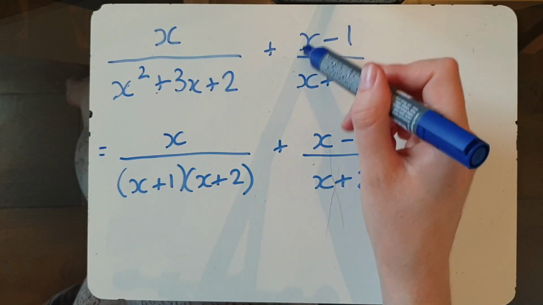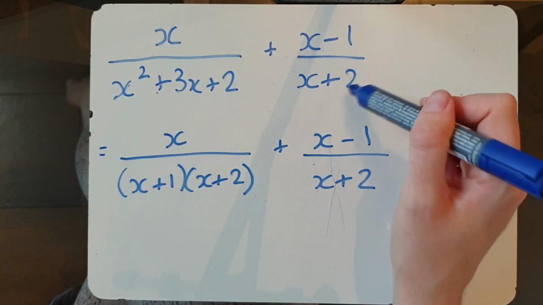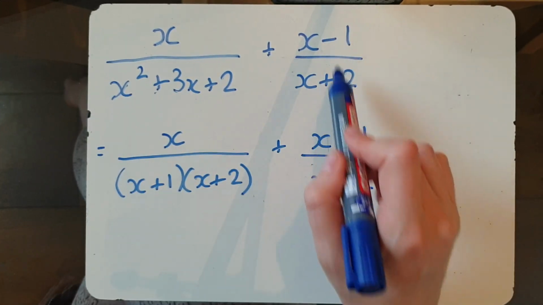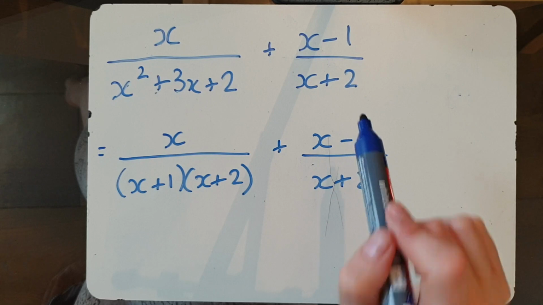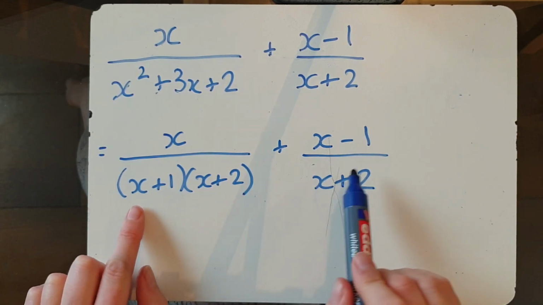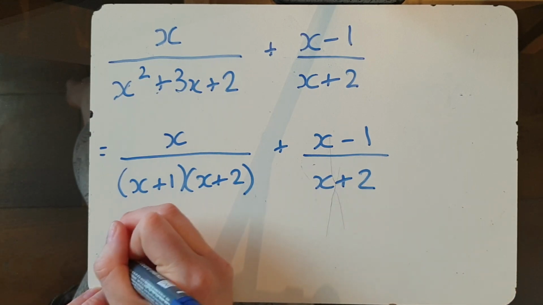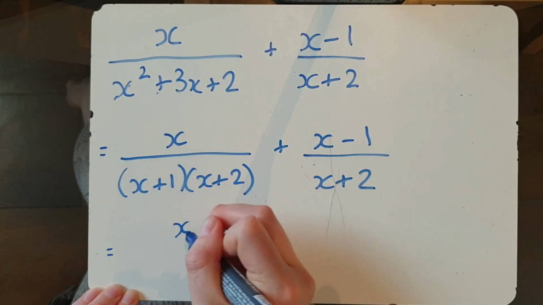So instead of multiplying this fraction's numerator and denominator by x squared plus 3x plus 2, which would turn both of these into cubics and make it quite difficult, I only actually need to multiply this one by x plus 1. So this fraction stays the same.